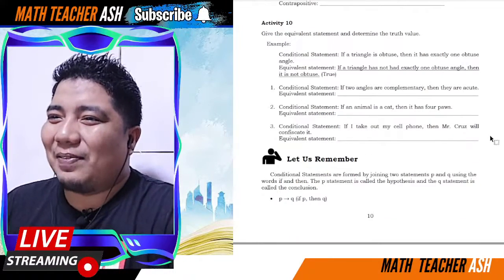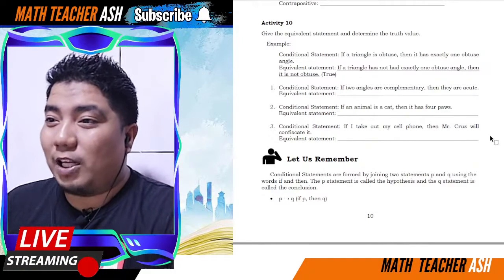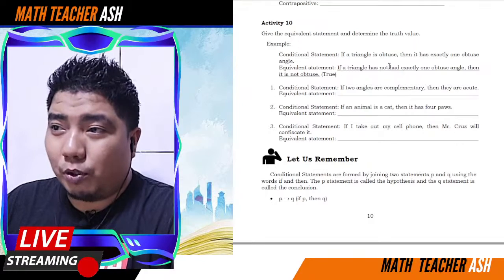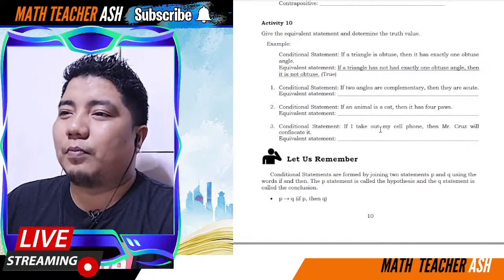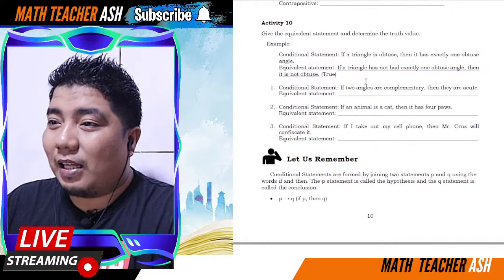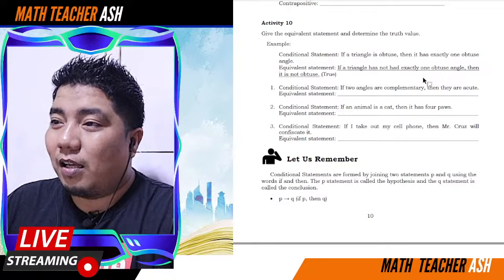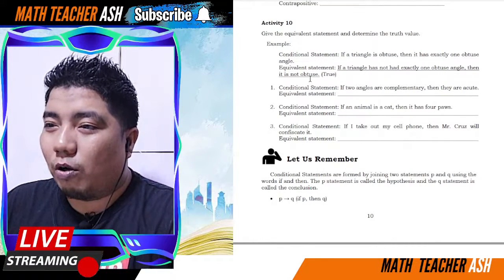Activity 10. We have, give the equivalent statements and determine the truth value. So, example: if a triangle is obtuse, then it has exactly one obtuse angle. Equivalent statement: if a triangle does not have exactly one obtuse angle, then it is not obtuse.